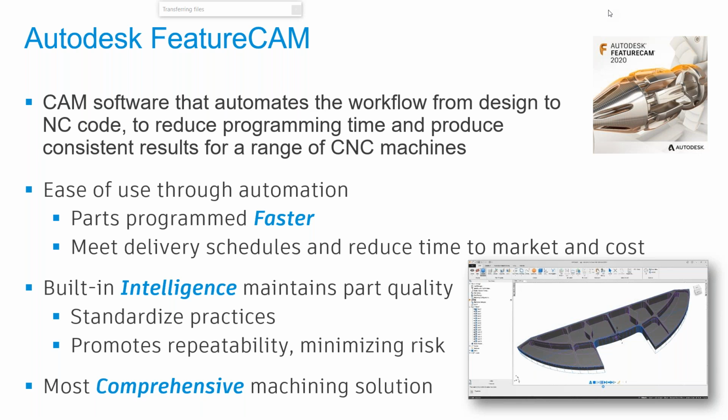A lot of the information is inbuilt within the software itself, so we can do the programs faster, and we can easily meet the delivery schedules. So we can reduce considerably the part to market time.